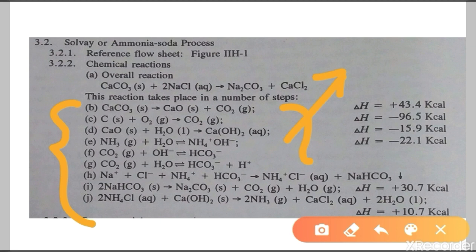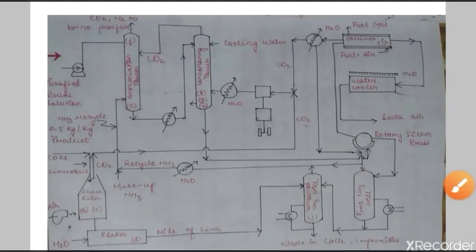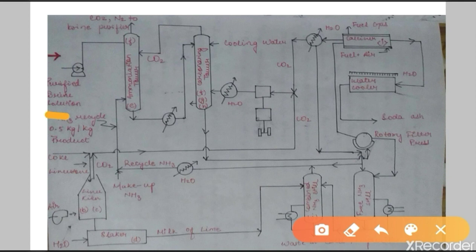So with the help of flow sheet, let us try to understand the processes which are occurring and which are giving us Na2CO3. Now the process starts with the washing of the brine solution with its purification.